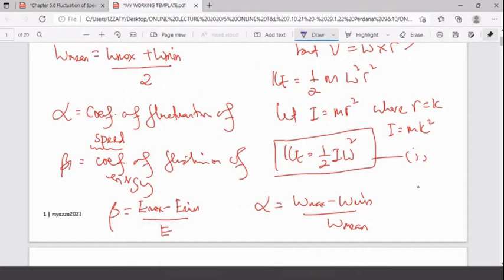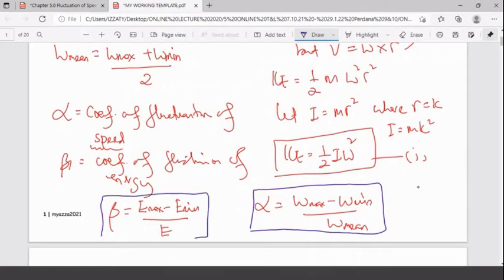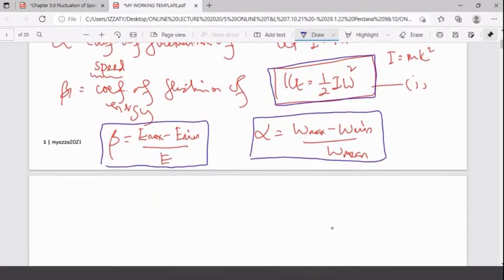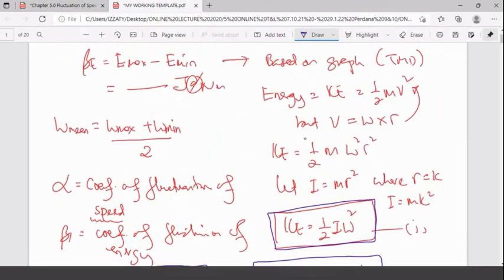Yeah. So now you have this equation. As we agreed just now, the delta E, or beta E, is basically E max minus E min.